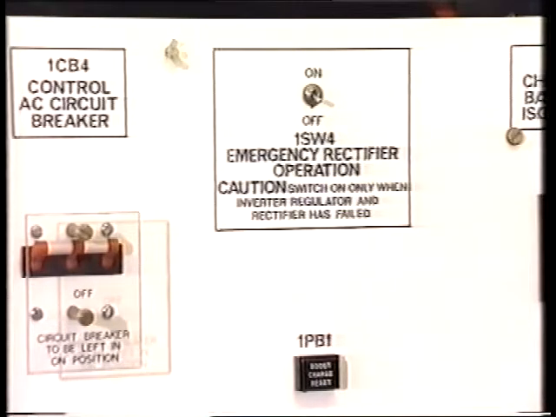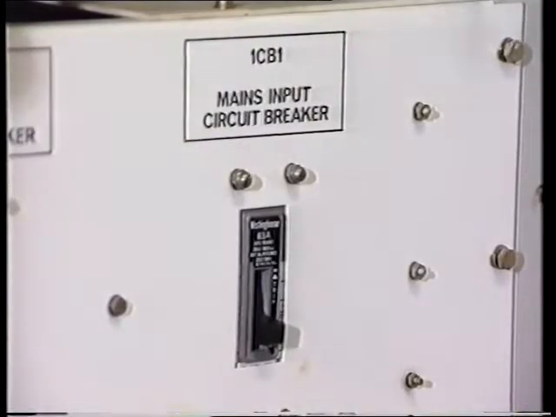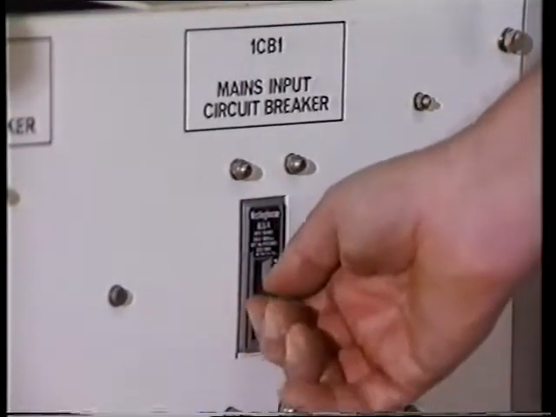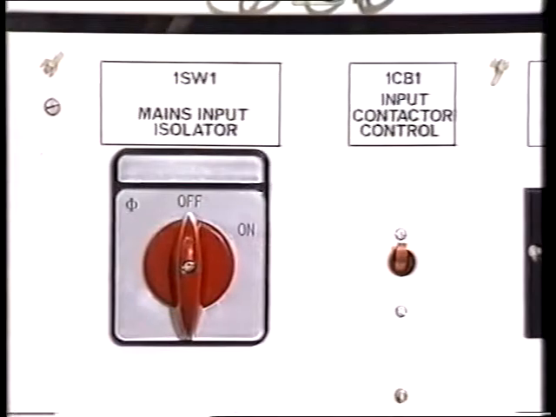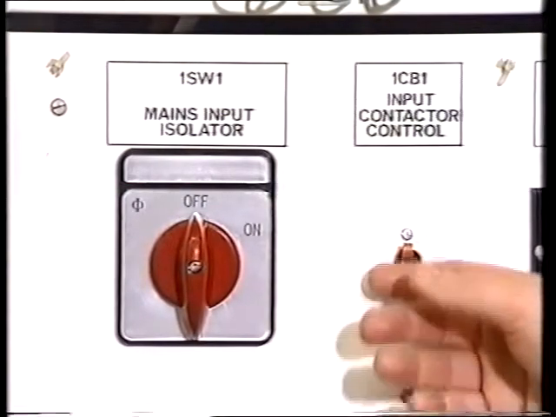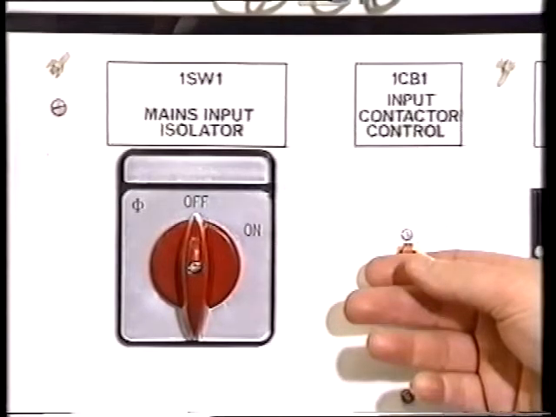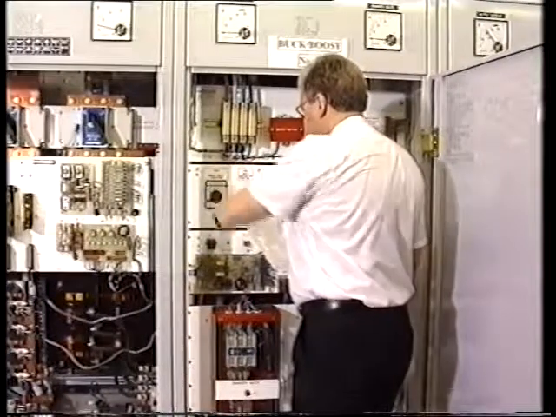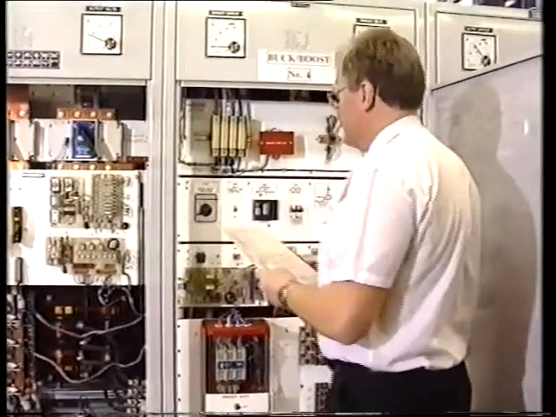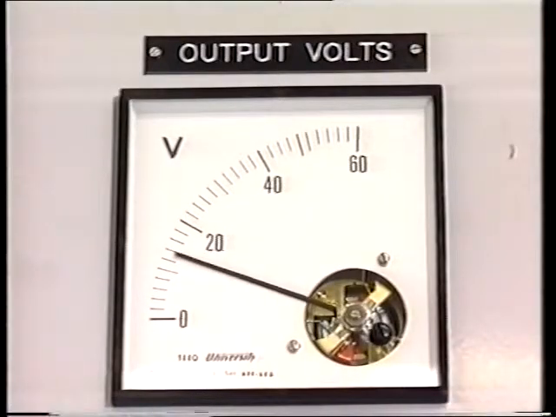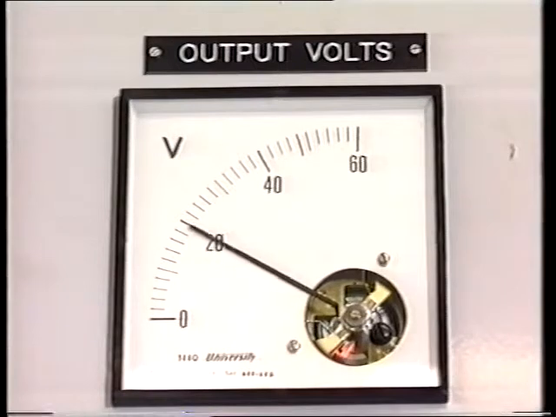On the 500 amp buck boost, switch on the main supply circuit breaker 1CB1, or with the 1000 amp buck boost, check that the input contactor control 1CB1, which is fitted on late models, is on. Switch on the main supply isolator 1SW1. The output voltmeter should display a slow rise of output voltage while the output filter capacitors charge up.